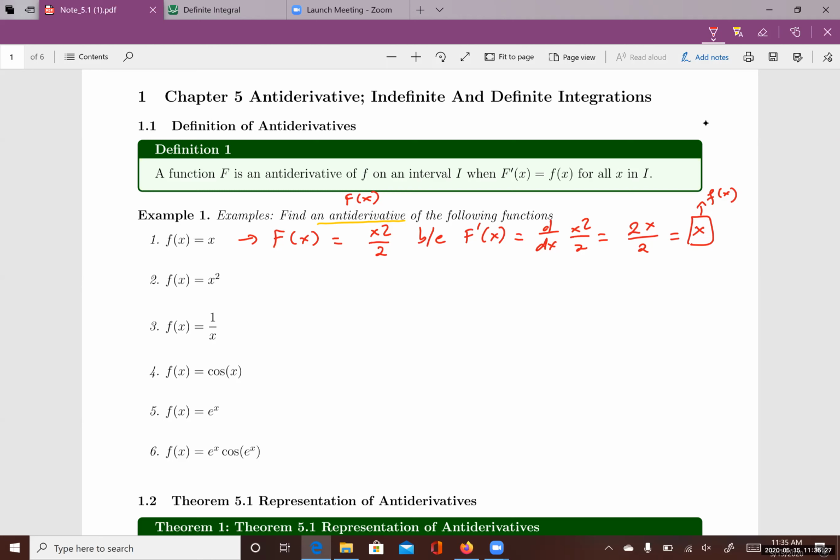Similarly, if I have the function f of x equals x squared, then the antiderivative is x cubed over 3. Because if you take d over dx of x cubed over 3, you get 3x squared over 3, and when you simplify it, it gives you x squared.